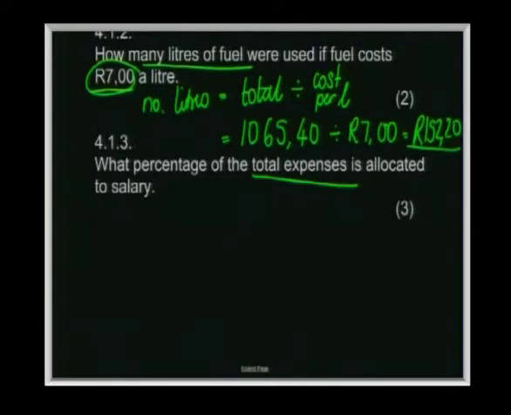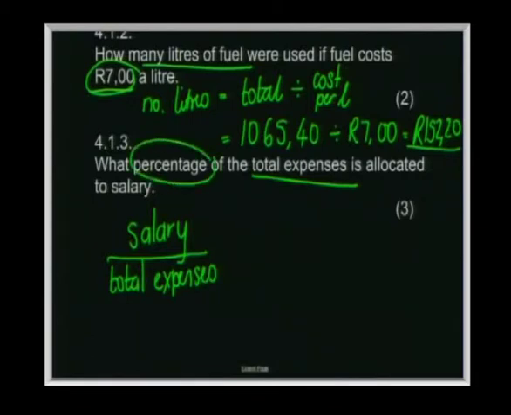Okay, so we need to find out our salary. And we're going to put that over our total expenses. And in order to change it to a percentage, I need to times it by 100. We need to find these details out from the table.